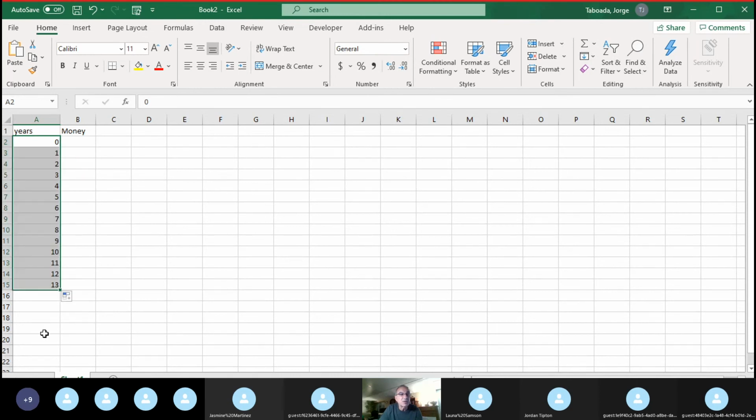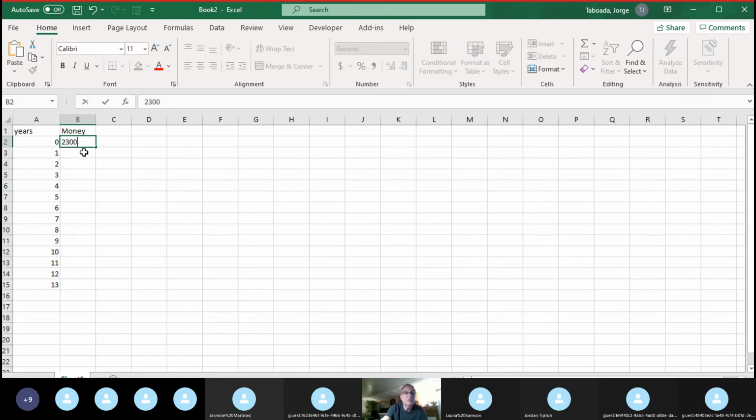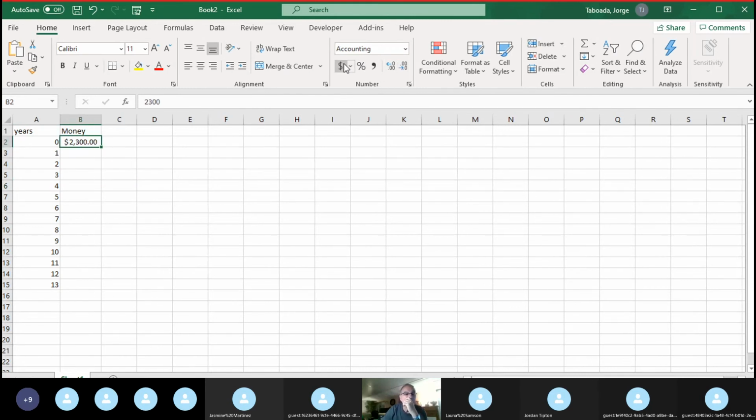I don't know exactly how many years. So at t equals 0, we have 2,300 dollars. Let me format in dollar, because Excel allows me. Okay, nice.